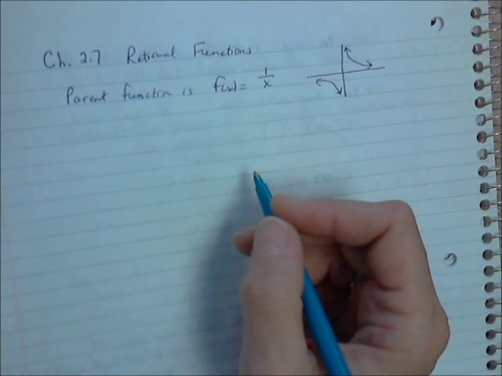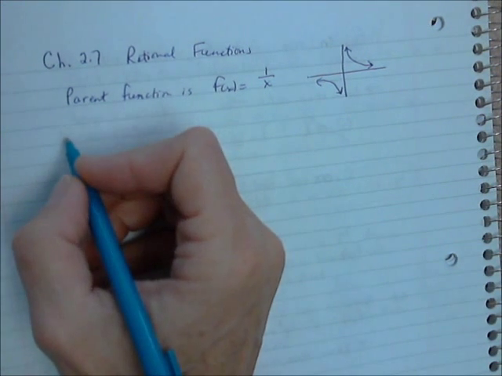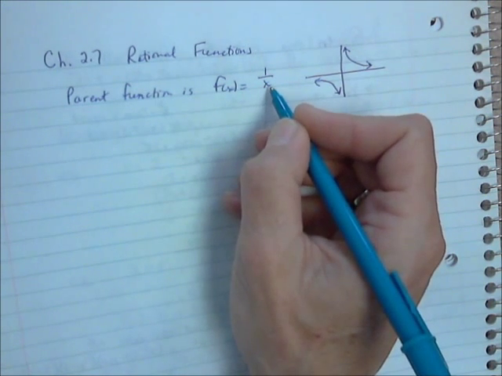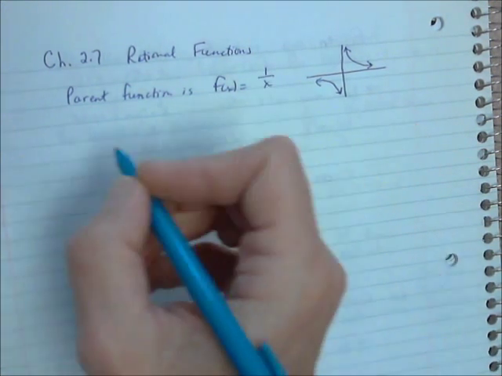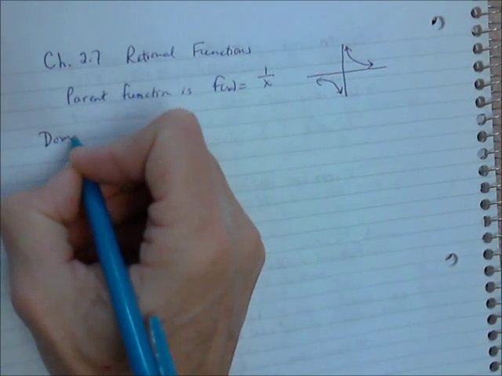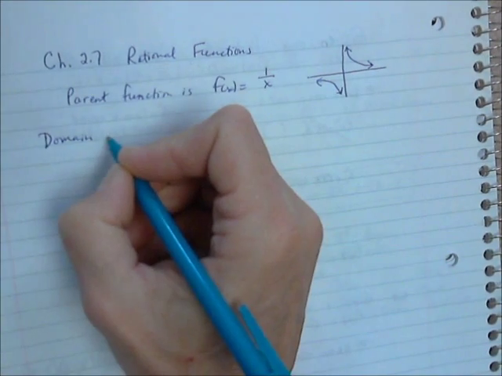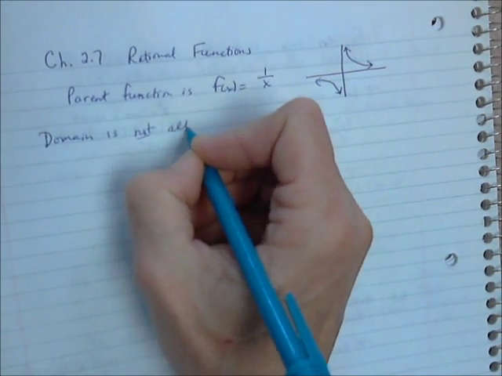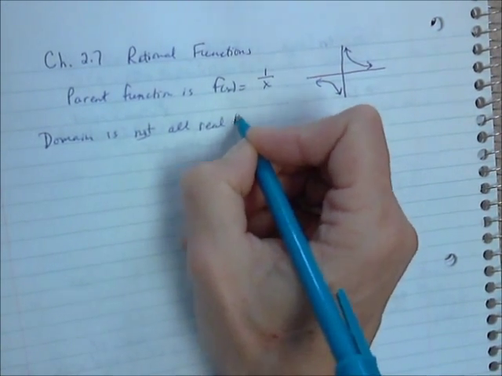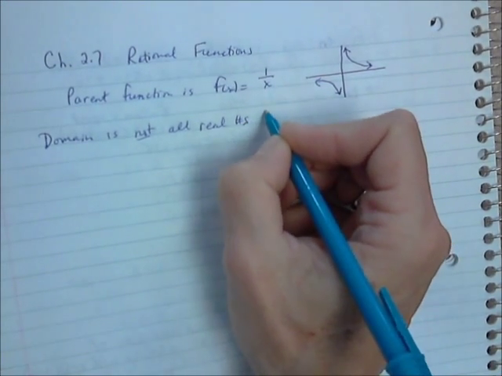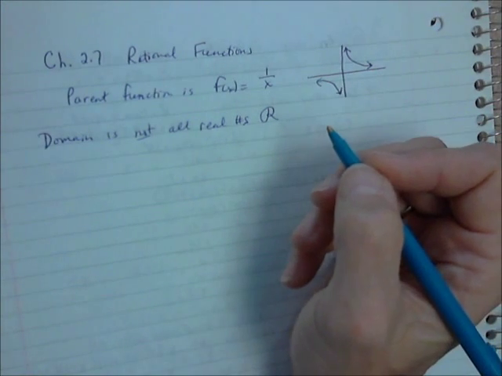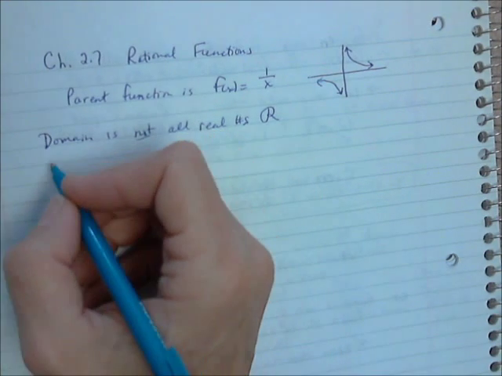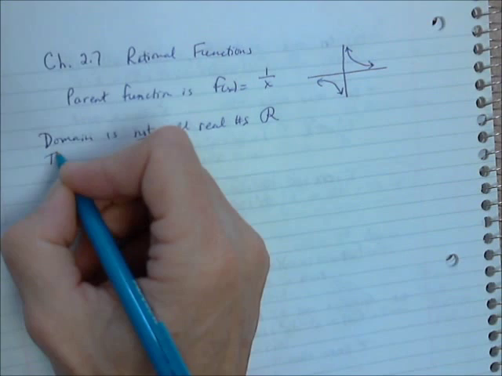And we have to talk about domains when we talk about rational functions, because a rational function really is something with a variable in the denominator. The domain is not all real numbers. And I abbreviate all real numbers with my fancy R. If you wanted to find the domain, you set the denominator equal to 0 and solve for x.